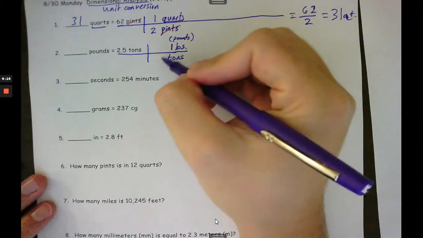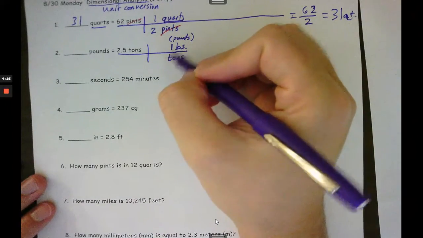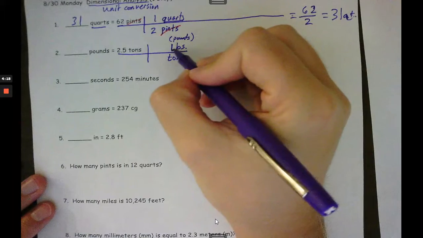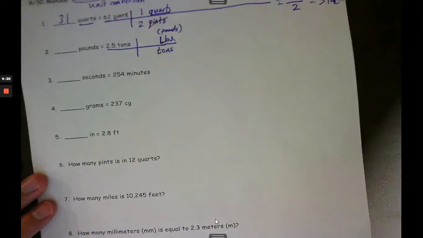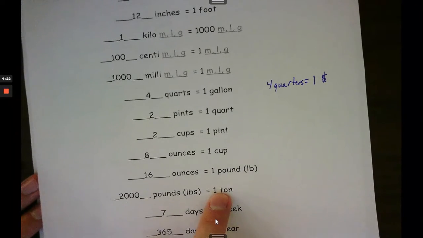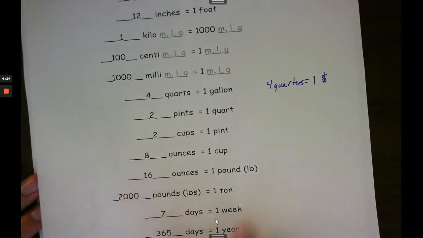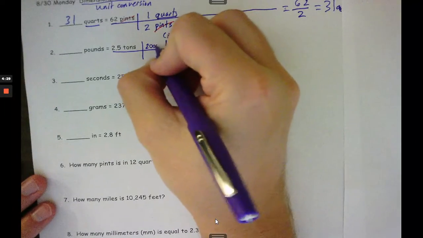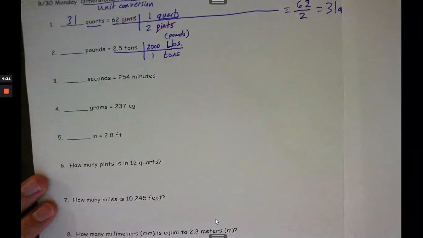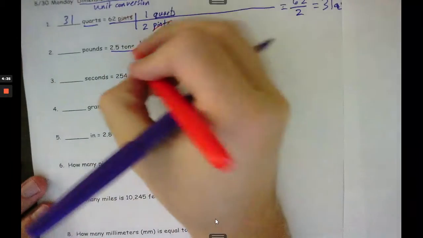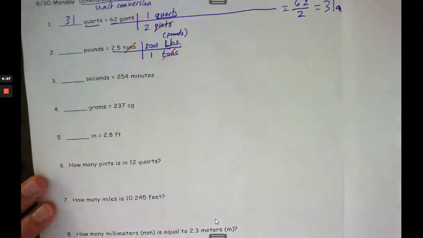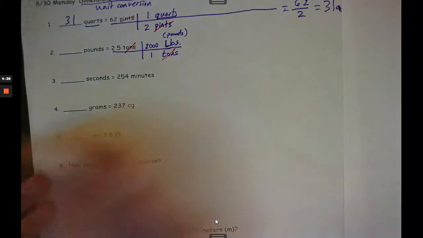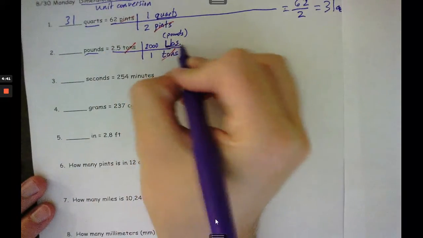Okay, and now I need to put in the numbers where they go. Make that a capital L so we know it's an L. Alright, so according to our chart, 1 goes with ton, and 2,000 goes with pounds because it's stuck to those pounds. Okay, so 2,000 over 1. And tons cancels with tons, and that leaves me with pounds, which is what I want.